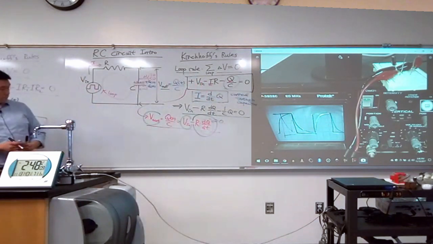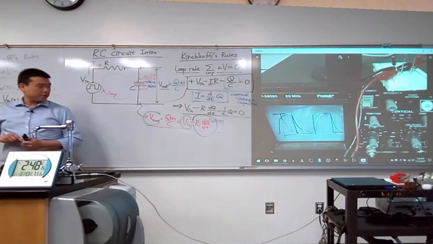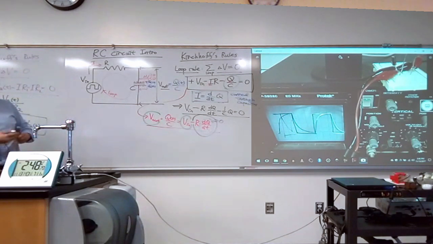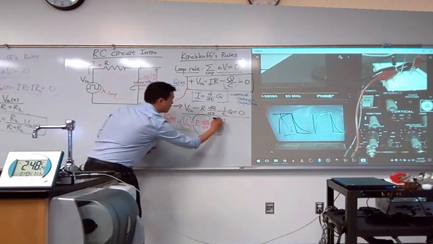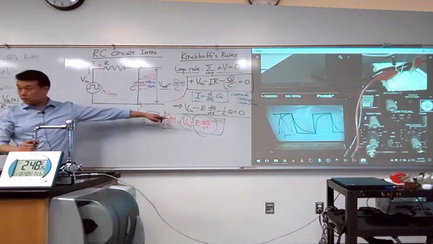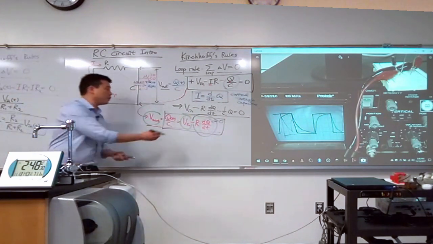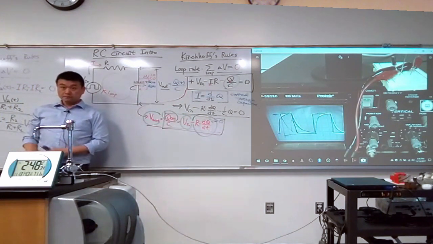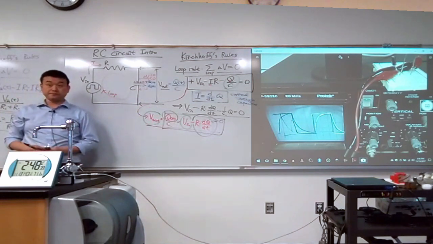So, do we have time for this? I guess we could put this off to your lab. Now that we have this equation, this is something we can do. We have a differential equation in terms of a single dynamic unknown, the amount of charge on the capacitor as a function of time. So you can actually solve this differential equation.